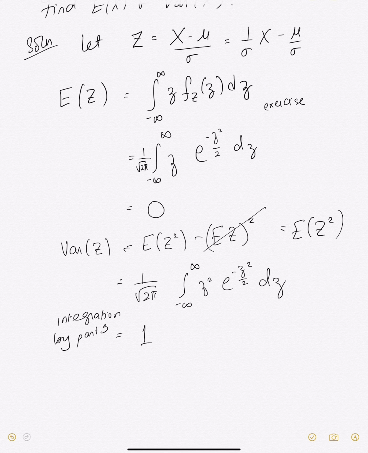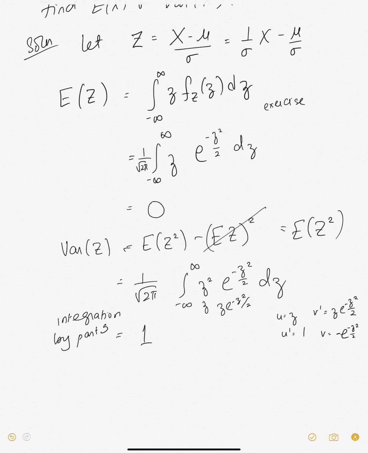How would you do this integration by parts? You can split this up as z times z e to the minus z squared over 2. Let u be z and v prime be z e to the minus z squared over 2. Then u prime will be 1, and v will be minus e to the minus z squared over 2.